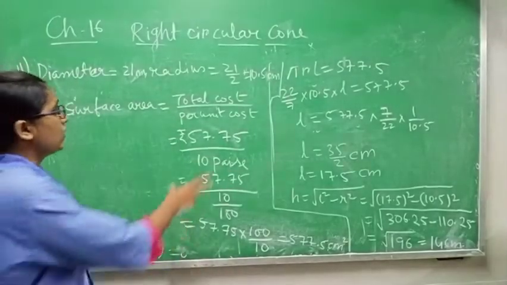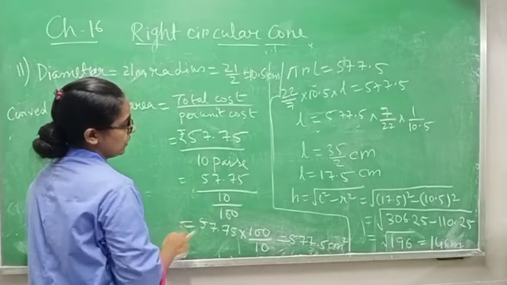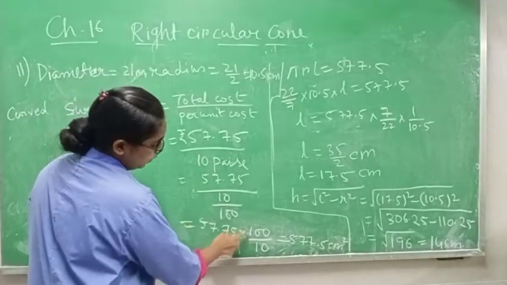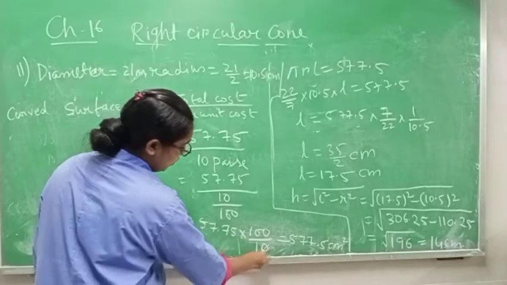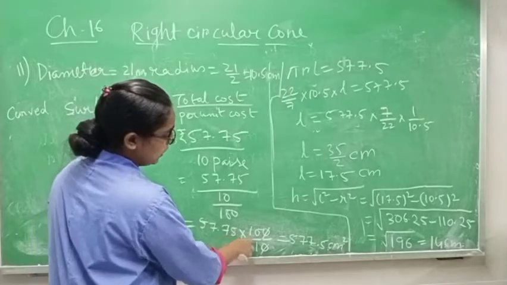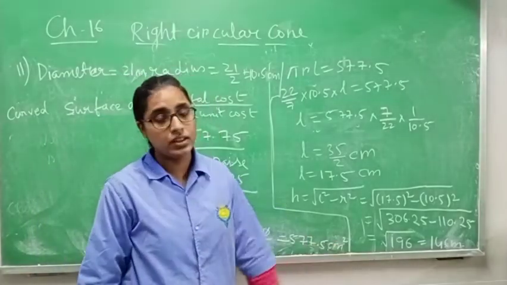Okay, this one is rupees, this one in paise, then you have to convert this paise into rupees, means divided by 100. When you will divide by 100 and you will convert this into multiplication, 0 0 will cancel, and 57.75 will multiply with 10, it will give you 577.5 centimeter square.